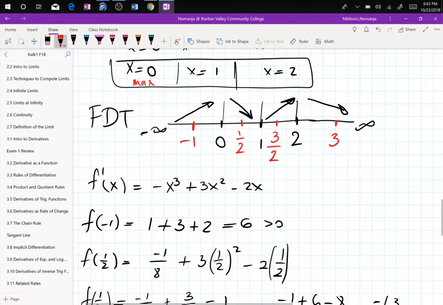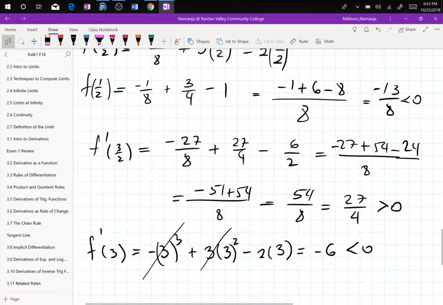So that's a max, and that's a min, and that's a max. Does setting the derivative equal to 0 find all of the critical points? Yes. The entire... No, unless you have some from not differentiable. So the answer is no.